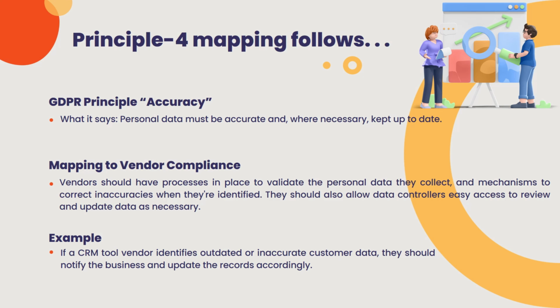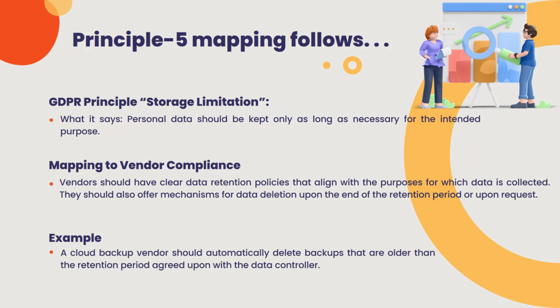All right. Let's move on to the next principle, number 5. Storage limitation. What it says, personal data should be kept only as long as necessary for the intended purpose. Again, based on the purpose. Okay. So how to map this? Vendors should have clear data retention policies that align with the purposes for which data is collected.